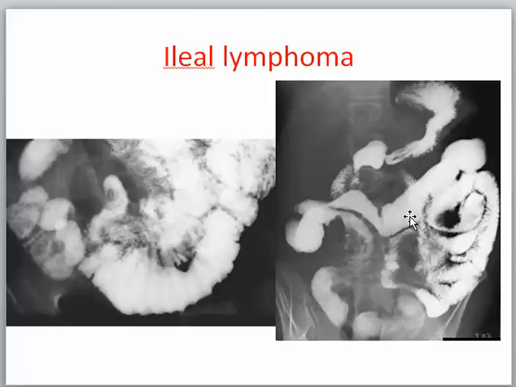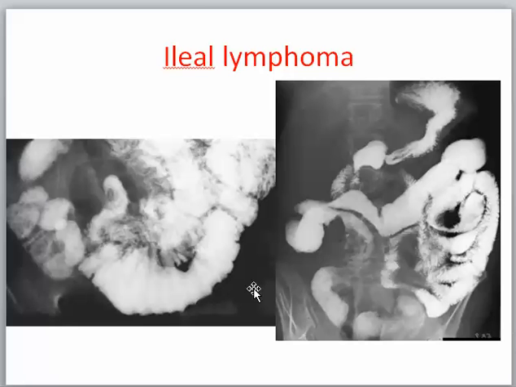Primary intestinal lymphoma can occur starting from the ileum down to the colon, and of course it is associated with lymph node enlargement that causes spacing of the intestinal loops.